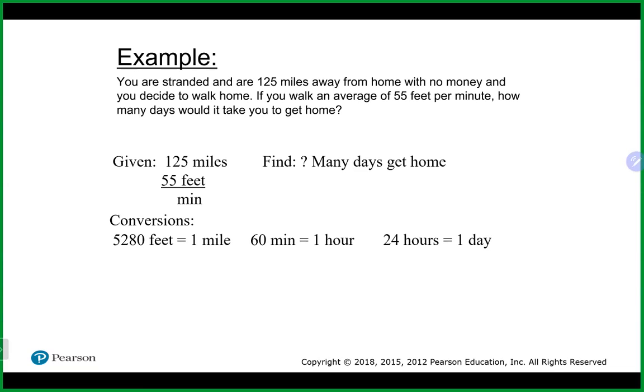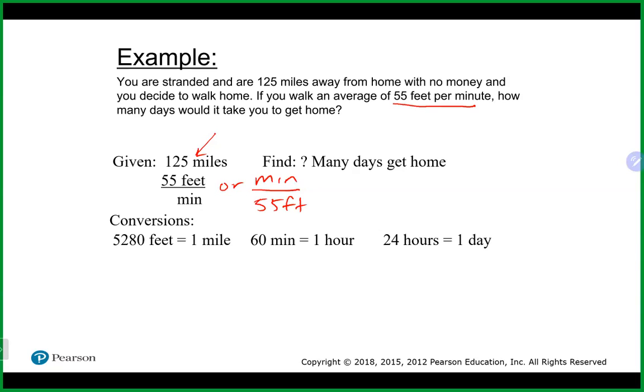So very much like the last one, we're really given a rate here as a conversion factor that we can use in the problem. We could use it the way I wrote it there, 55 feet per minute, or if we needed, we could have minutes up on top and 55 feet on the bottom. This is really our distance that we want to travel. And once again, our distances are in miles and our rates are in feet.